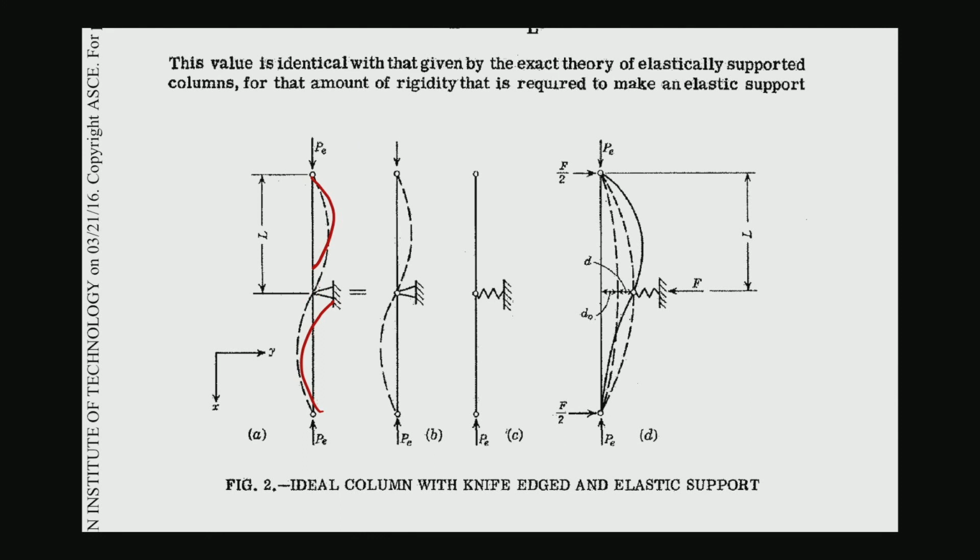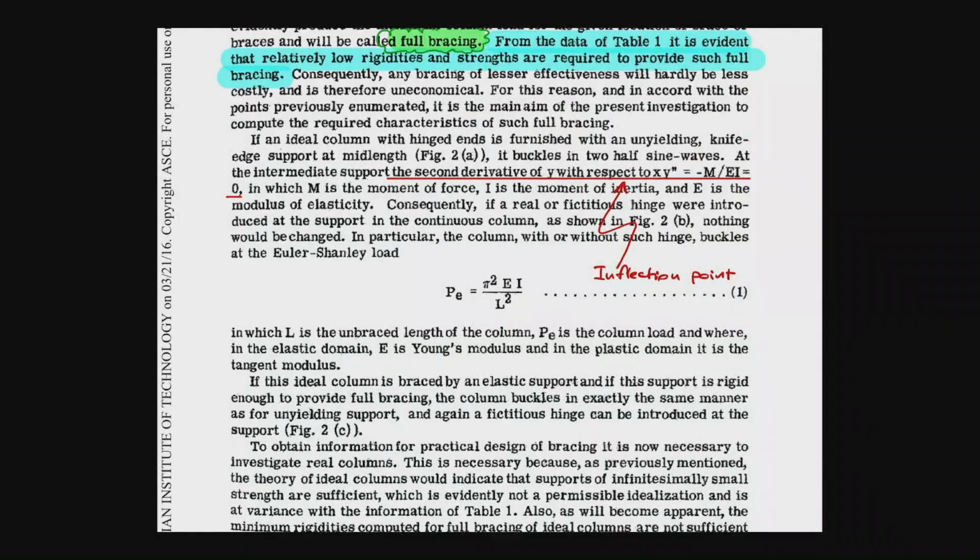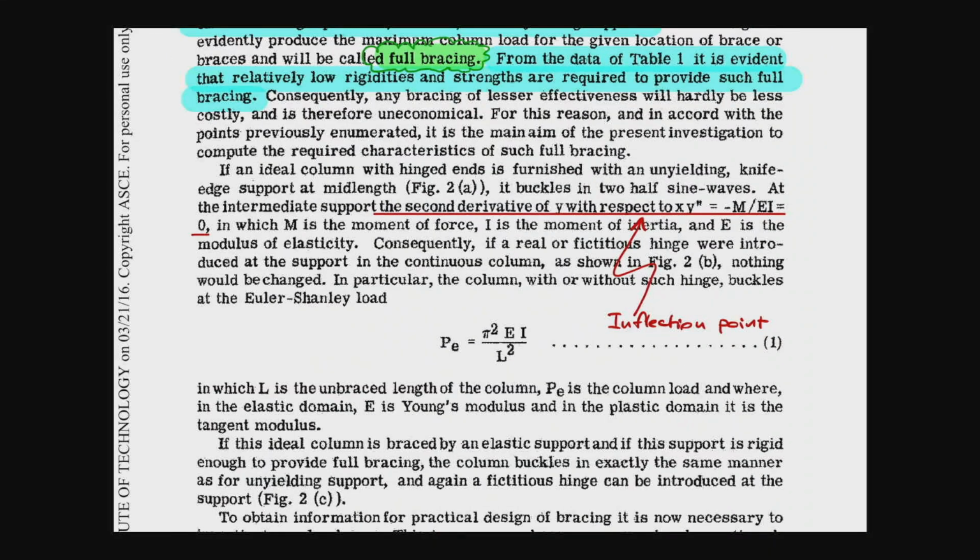This is the so-called inflection point, and you expect zero moment at that point, in which M is the moment of force, and I is the moment of inertia. You don't need to go over this because you know this very well.